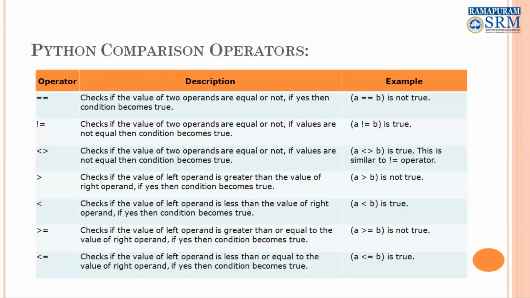The first operation is double equal to: A must be equal to B. If not, it will return false. Not equal to: we just check that A is not equal to B. If it is not equal to B, of course, it will return true. If not, it will return false. Next is equal to, not equal to.